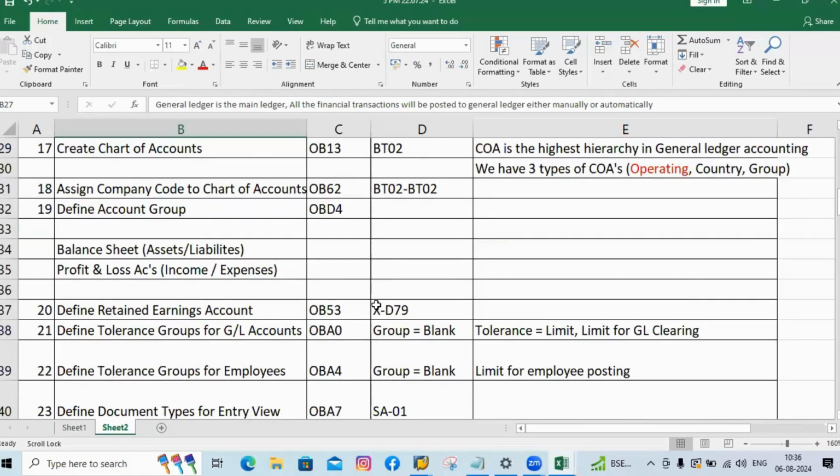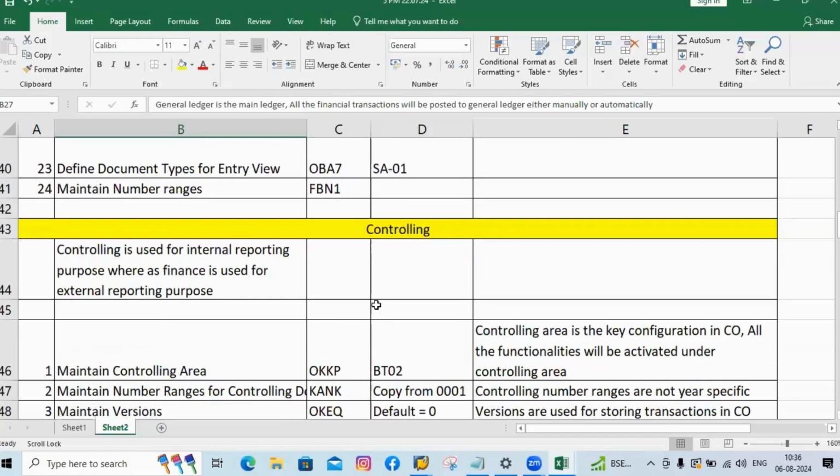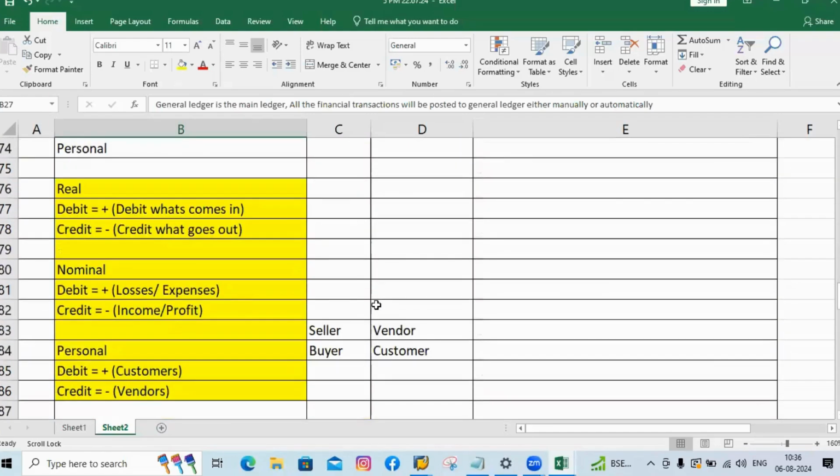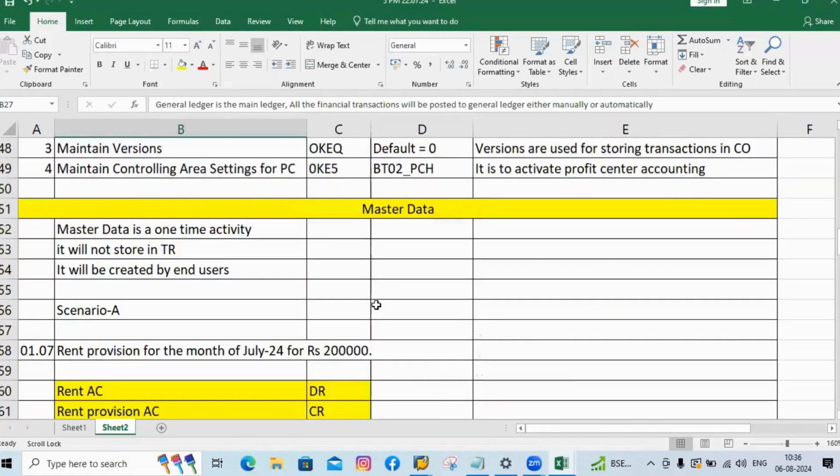So now let us go to one more question. I have posted a transaction. What is the T code to post a GL transaction? FS00.